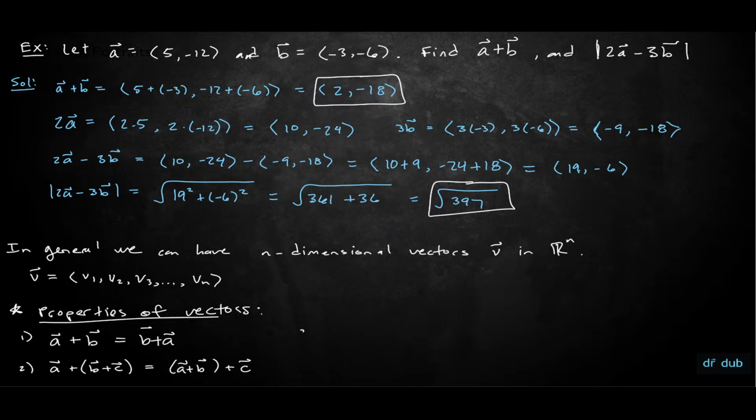The next one is there's a neutral element for addition called 0. So a plus a 0 vector equals a, and the 0 vector is such that every component is 0.